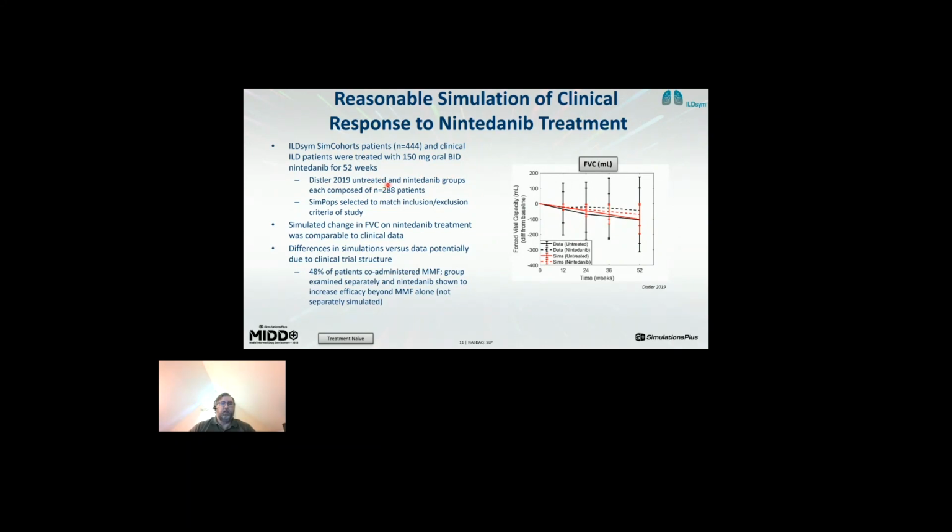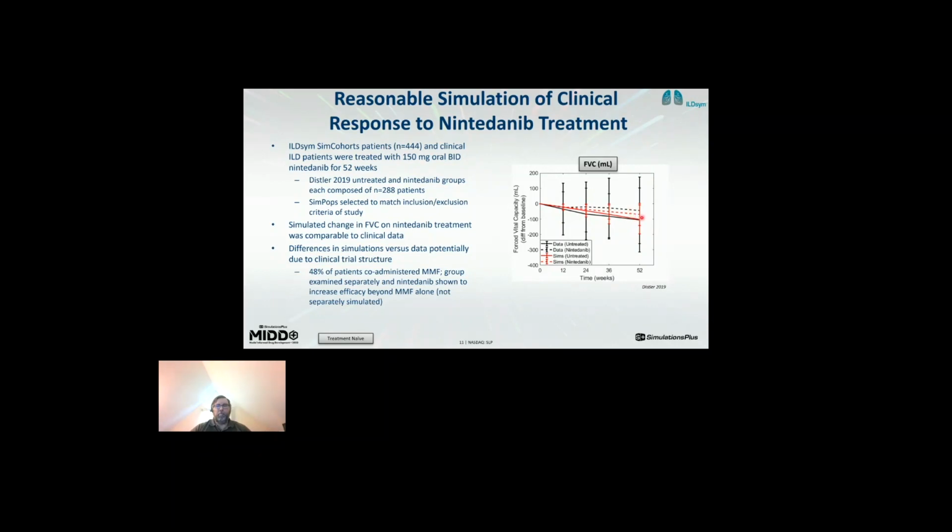So we would match, say, available FVC, DLCO, age characteristics, if they're available, of the population, but then also match the overall trend of the placebo group. So that's why here these solid lines, in terms of the clinical data in the black solid line, and the simulation untreated group in the red solid line, match their trend. So we're selecting our simulated individuals to match the clinical trial untreated group. And then we apply treatment.